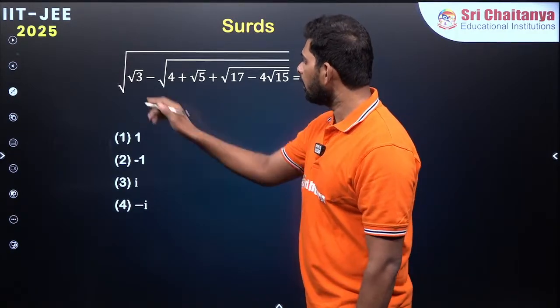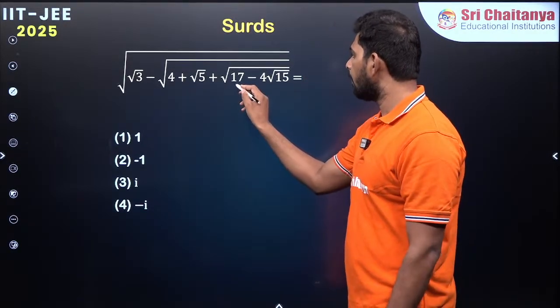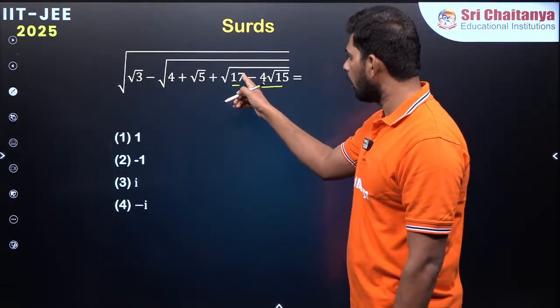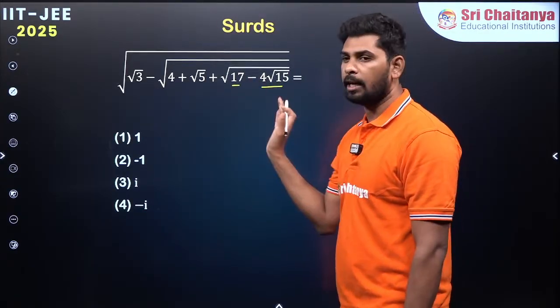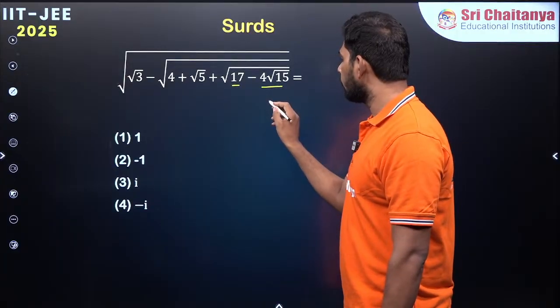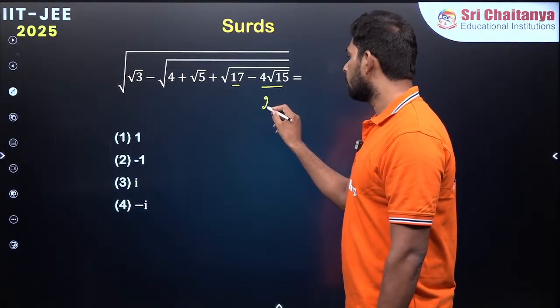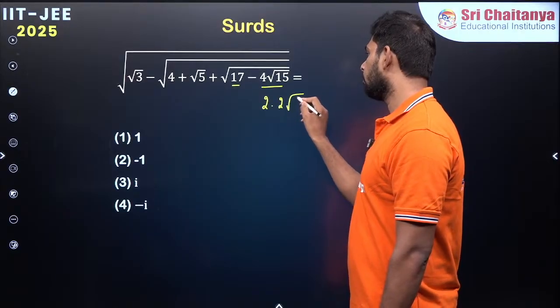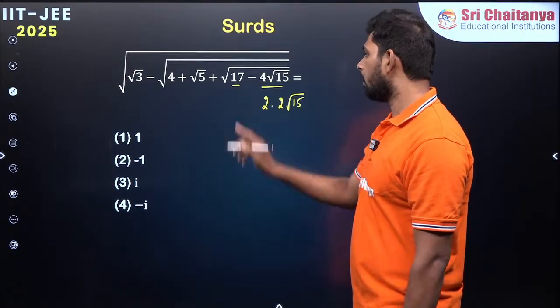Right. So here you can see that 17 and 4 root 15 is there. Now if I am not going to take square root of, then you cannot take it outside. That is why I am going to write this one over here as 2 into, and 2 I am going to take here, 2 and root 15 is there. But 17 is not giving that.